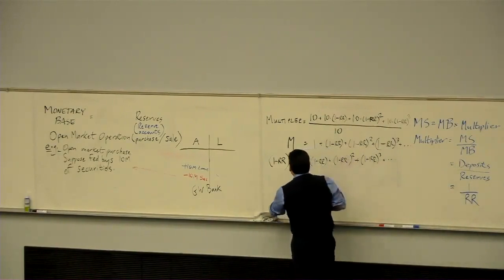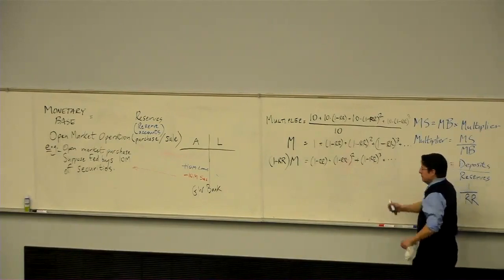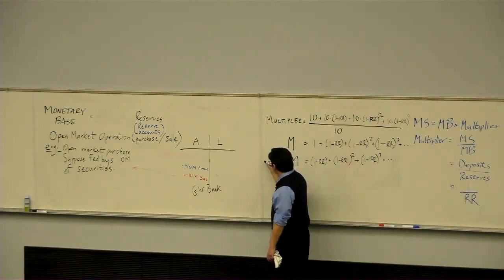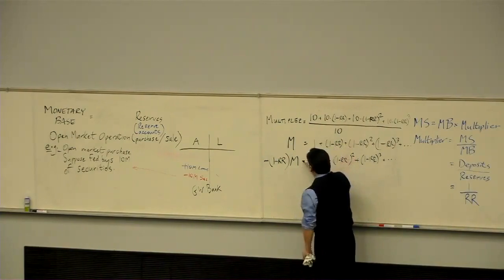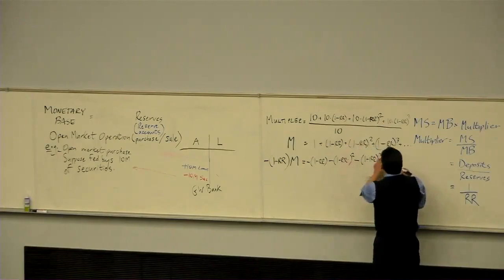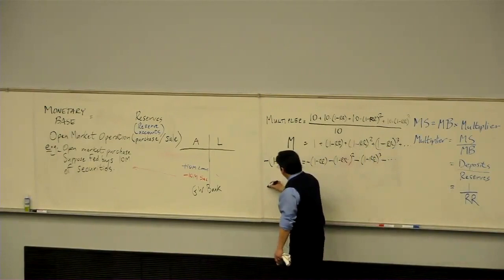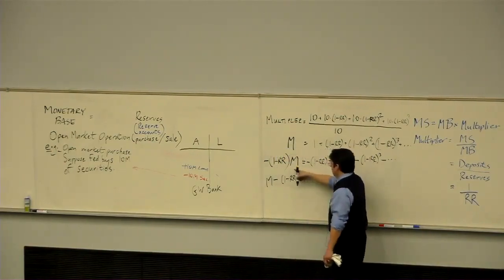One more step. I'm going to multiply this whole thing by minus 1. That means we just stick a minus sign in front of everything. Right? Why are we doing this? Because we're going to take the top and subtract that.